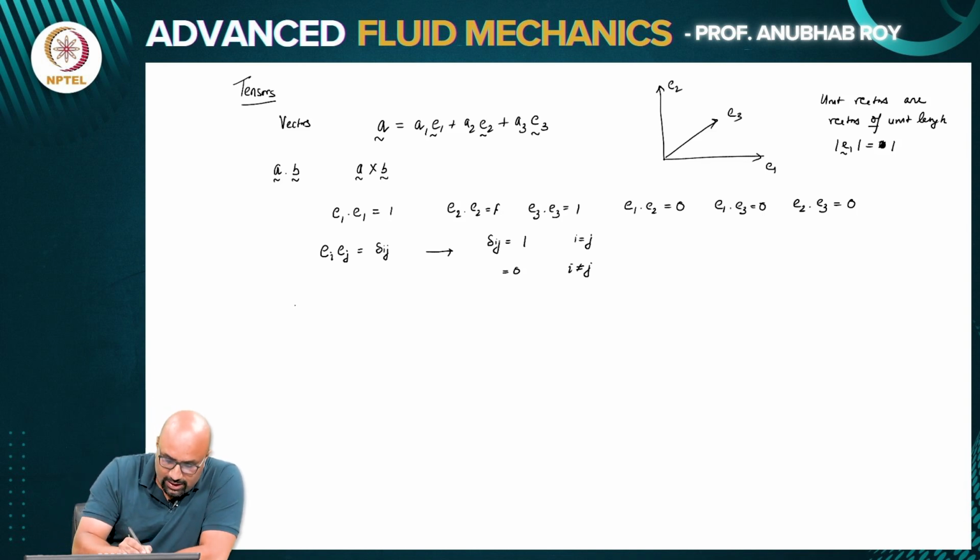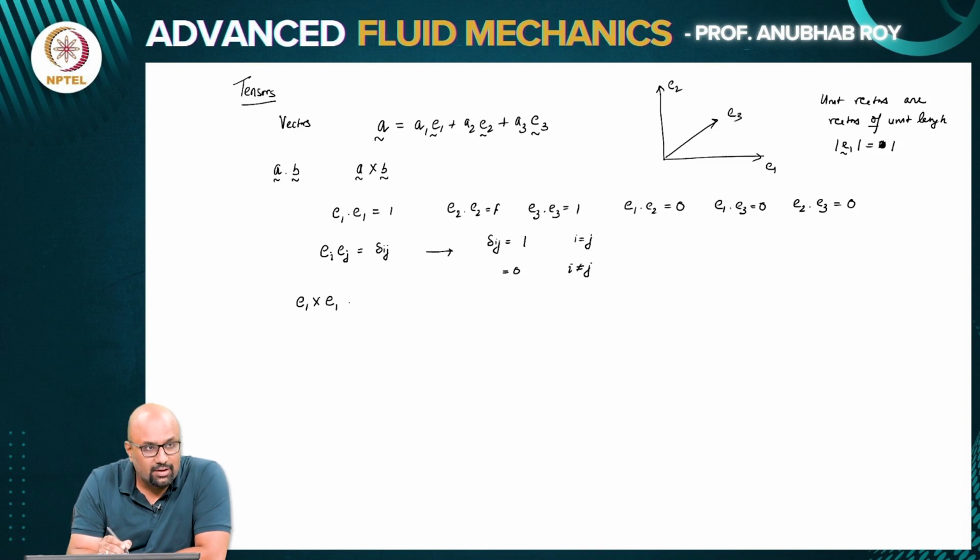Now similarly, if I were to write down the cross product, I can write a cross product of the vector E1 with itself, and we know that this answer would be 0. Similarly, I can write down a cross product of E2 with itself, and the answer would also be 0.